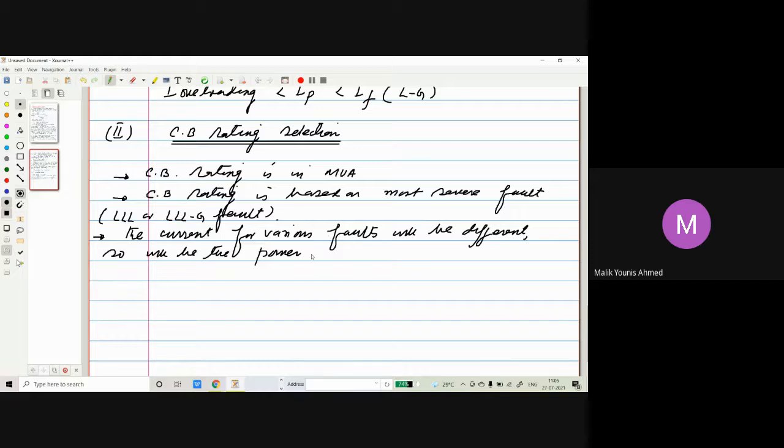Hence, what should happen? Hence, circuit breaker should be able to sustain what? It should be able to sustain maximum MVA during most severe faults, during occurrence of triple L or triple LG faults.